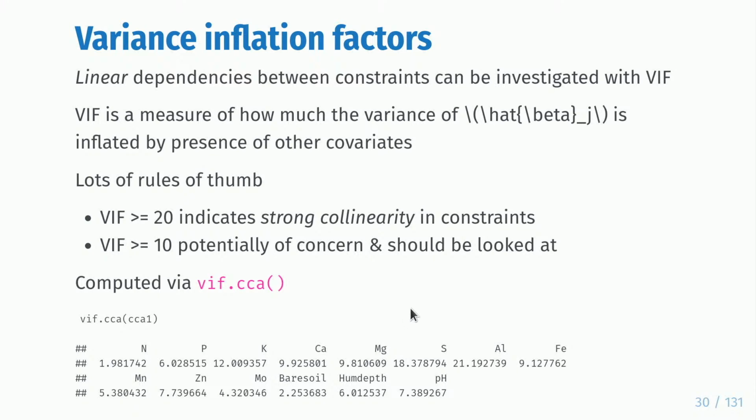So you need to be a bit careful about what you put in. This is another reason why just throwing everything in can be a problem, because certain things will start to get large effects and look important just because they're trying to offset the effects of these correlated variables. And it's the same problem that we have in linear regression.